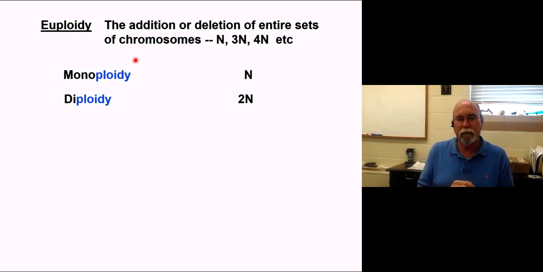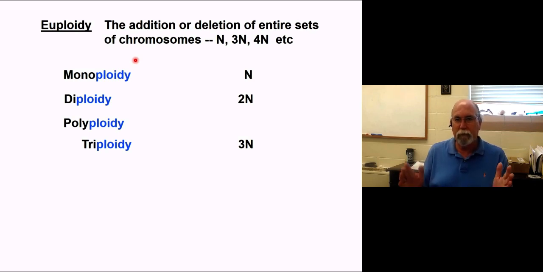Now we're going to talk about some variations of that. Uniparental disomy is going to be there, and all those sorts of things we'll talk about later, which are variants of this. But for us, diploidy is normal. Then there's a whole group that fall under the large category of polyploidy. Polyploidy can include things like triploids, which are 3 times the amount of the haploid set. So it might be, like, an egg and 2 sperm or something like that.